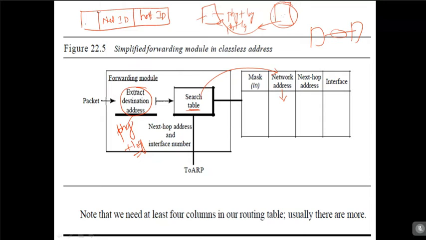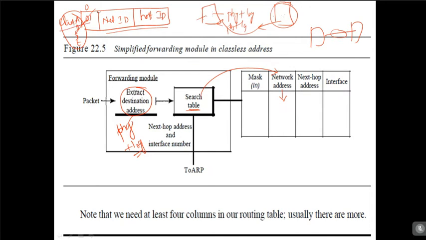It's the net ID. And we have different classes: class A, class B, C, D, E. This is classful addressing, and without this class, we say classless addressing. Class A means the leading bit 0 is nothing but class A, class B is 01, like that we have some identification.